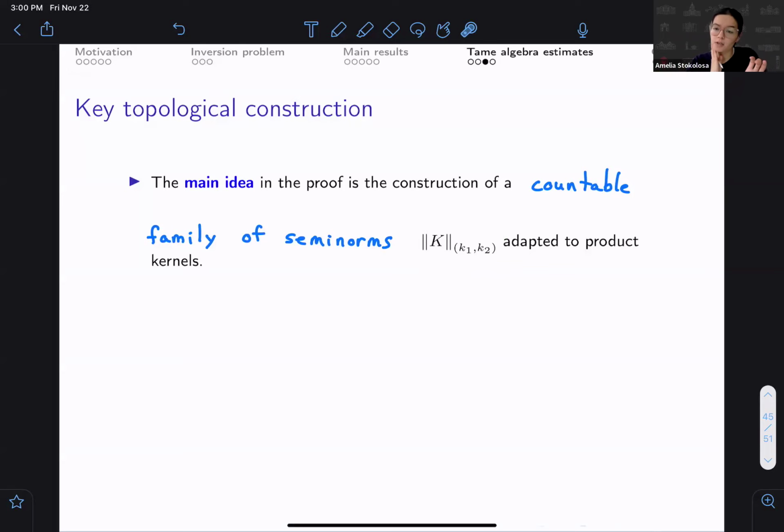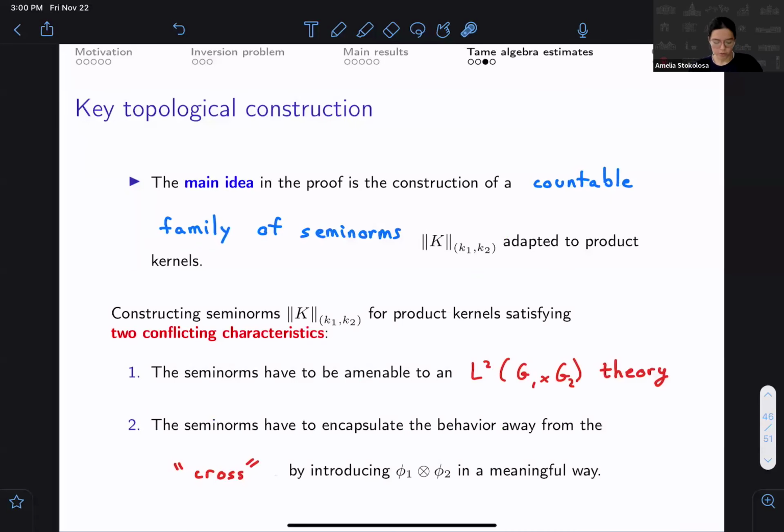So the key construction of these seminorms that give rise to a Fréchet topology needs to satisfy two conflicting characteristics. On the one hand, you want the seminorms to be amenable to an L2 theory. This allows you to, in the last step of the proof, use the spectral theorem to obtain an inversion result.